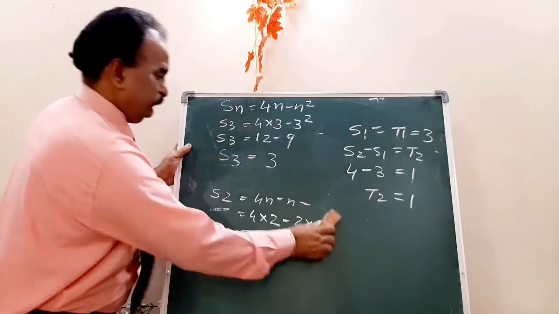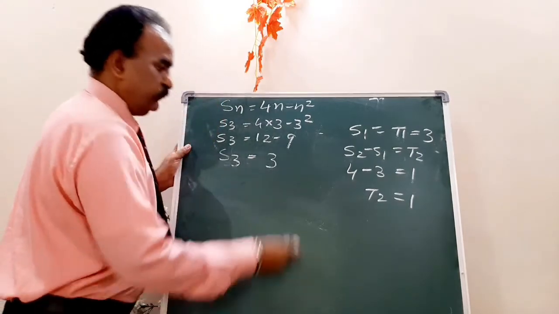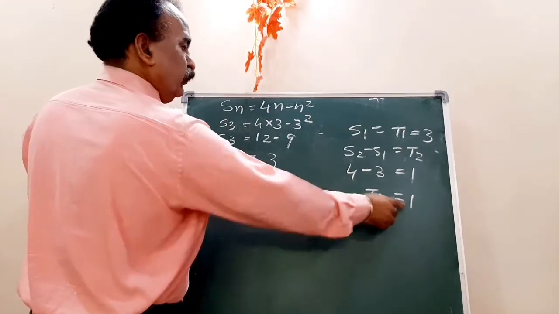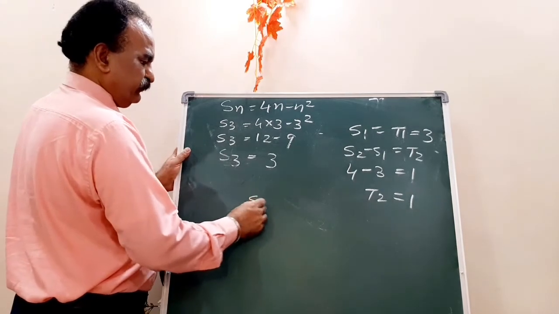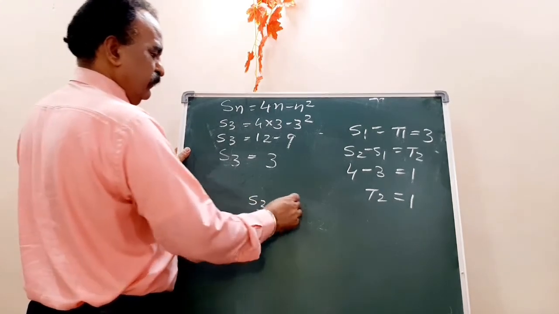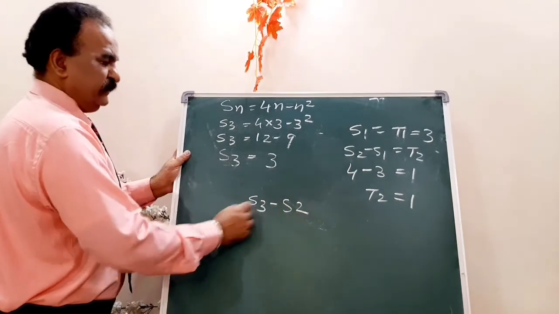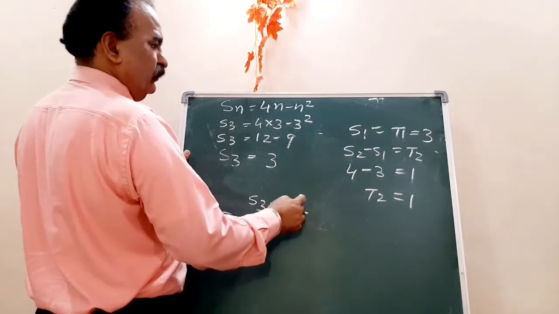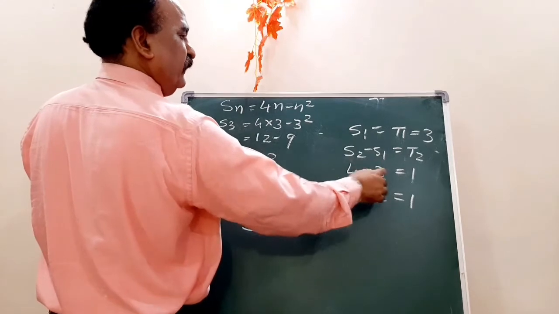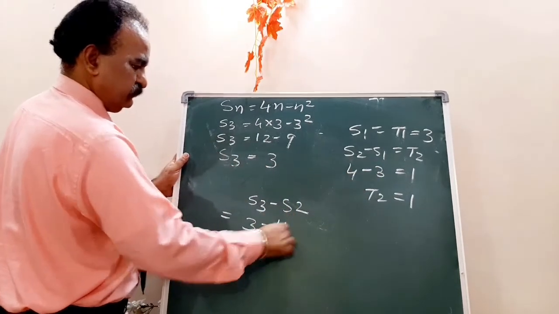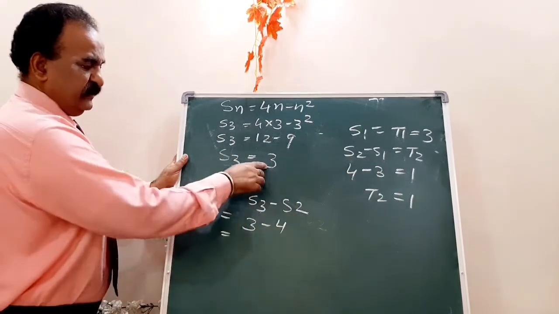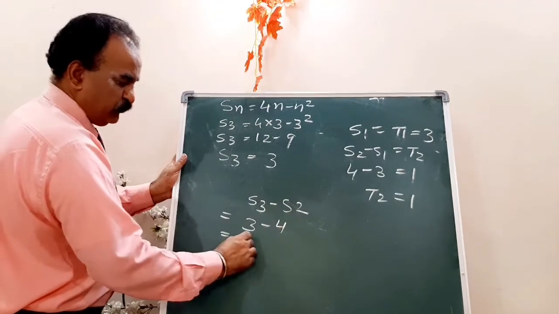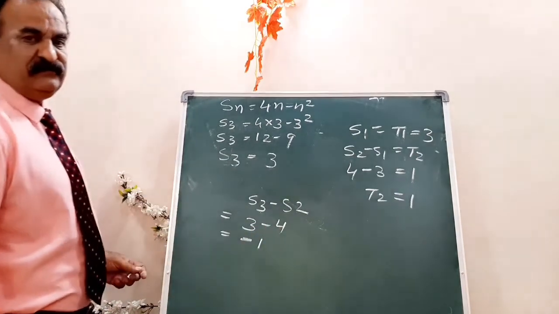So now T2 is 1. Now S3 minus S2. What is S3? S3 is 3. And S2, just you got here, S2 is 4. S3 is 3 and S2 is 4. 3 minus 4 means minus 1.